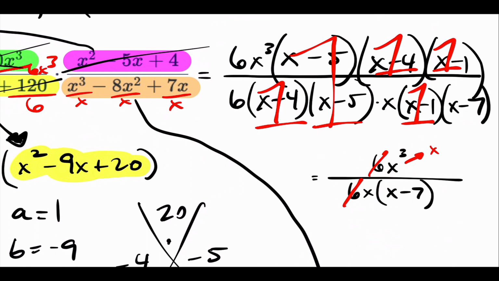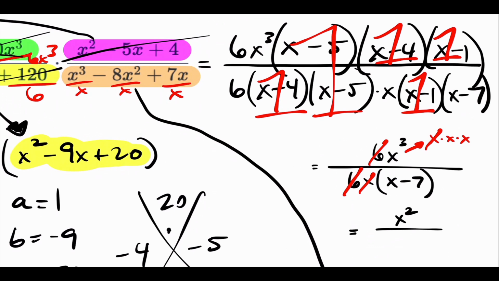And then x to the third is x times x times x, so that'll cancel out with one of those guys. So now I'm left with x to the second power on top only, and x -7 on bottom only. Okay. And you're done.